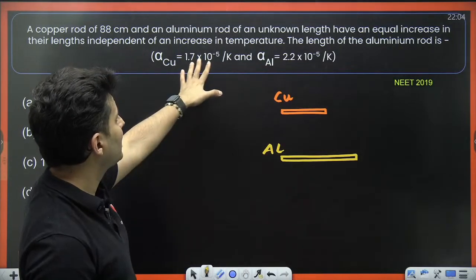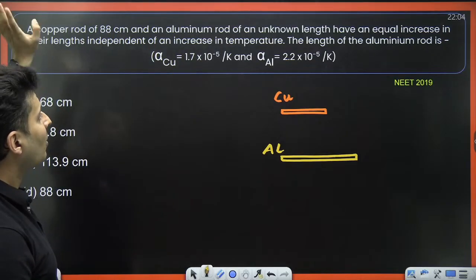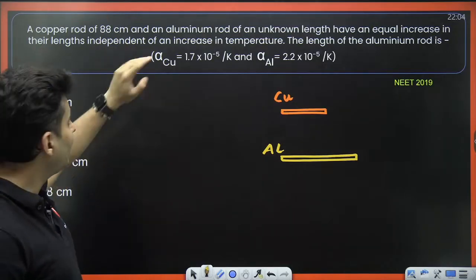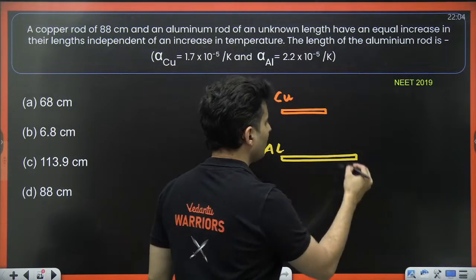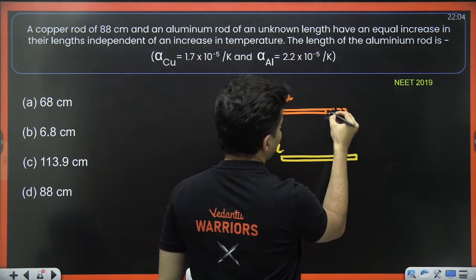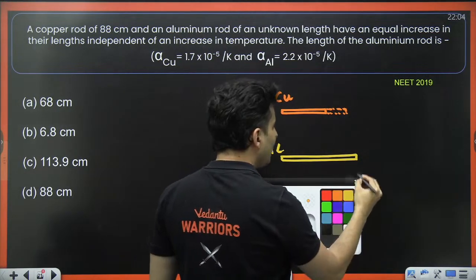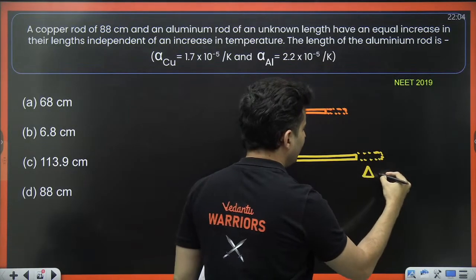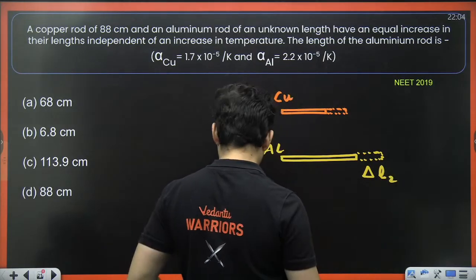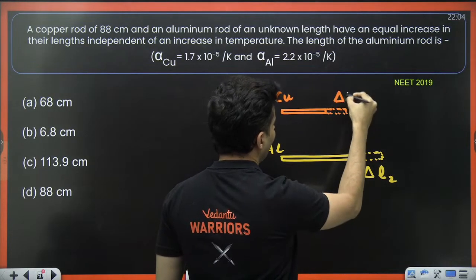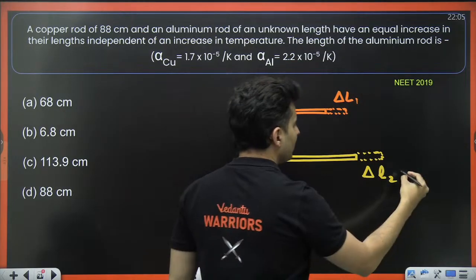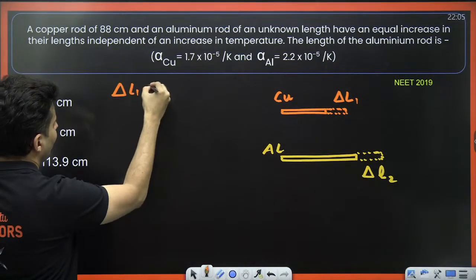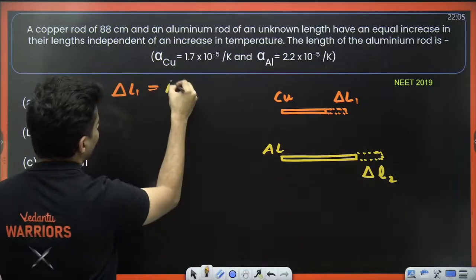Now when you increase the temperature, they both have an equal increase in length. So whatever delta L is for aluminum, I call it delta L2, and delta L for copper, I call it delta L1. These are given to be equal. So delta L1 is equal to delta L2.